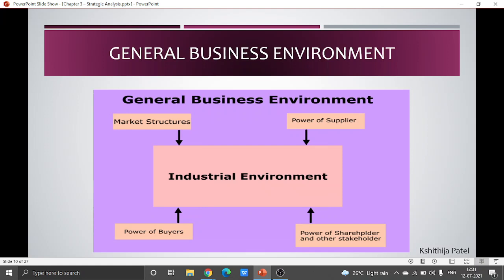And then there can also be barriers to exit. These barriers to exit are normally in the form of high sunk cost. That is, a firm after investing a high amount of capital in one industry cannot use that capital in another industry, and thus that capital becomes useless if the firm wants to switch over to another industry.